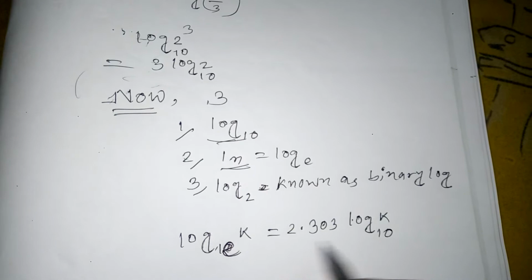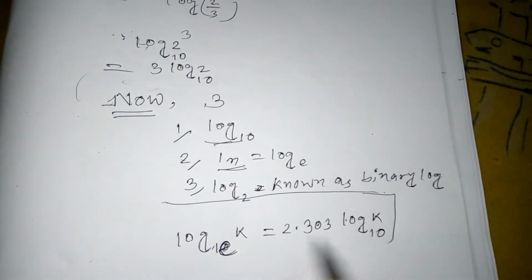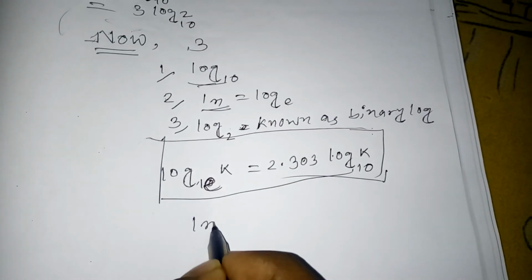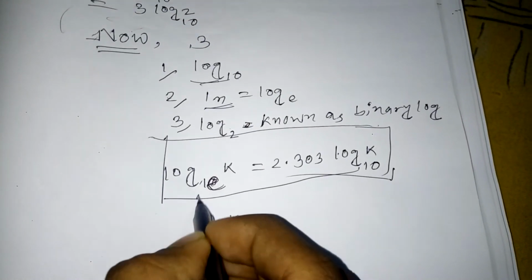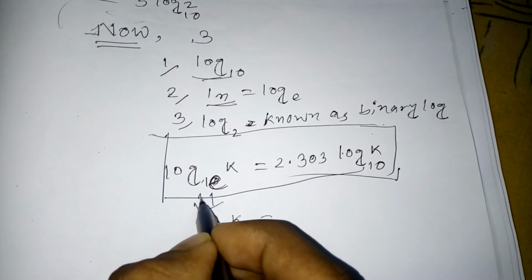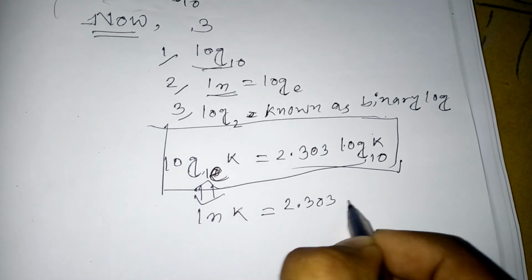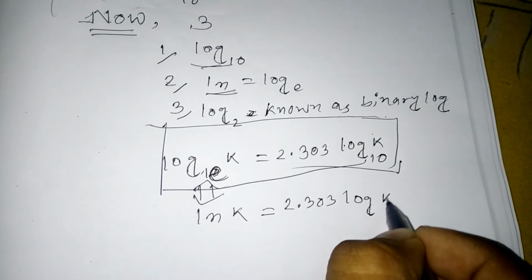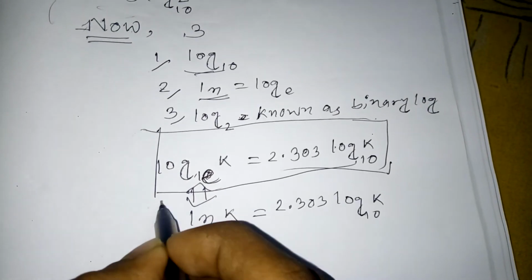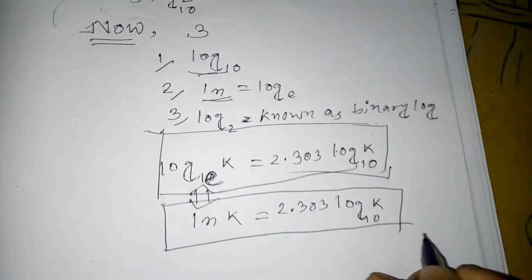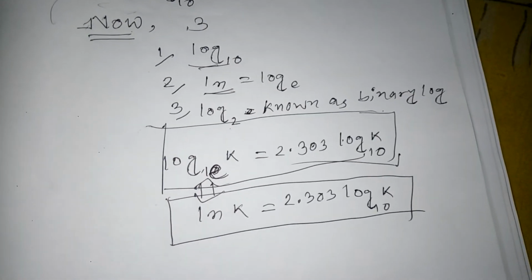This is the equation, or we can write ln of k is equal to 2.303 log of k when the base is 10. This is our formula. So this was my video all about logarithm.